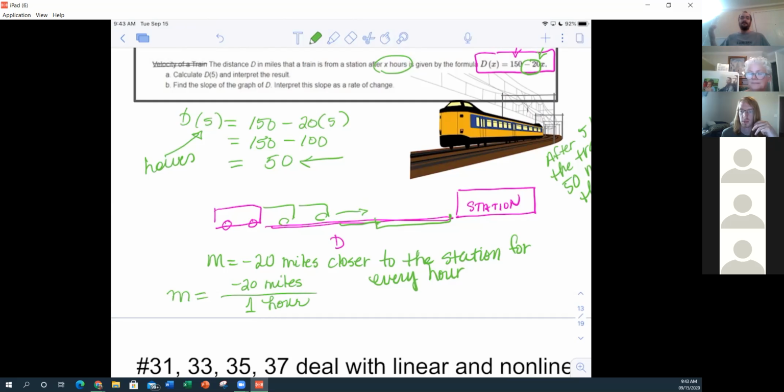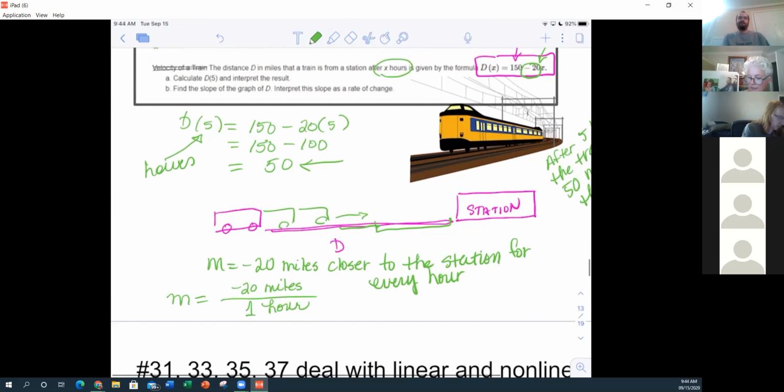If you say 5 hours, 50 miles, the rest of the words will pretty much fill themselves in. So that's it. Find the slope. And then of course the y-intercept would be the 150 that the train started out away from the station.